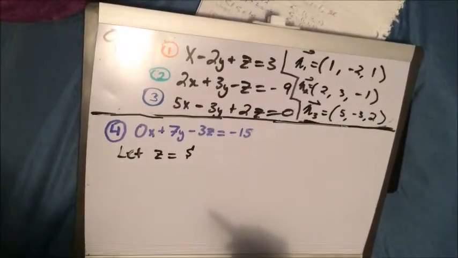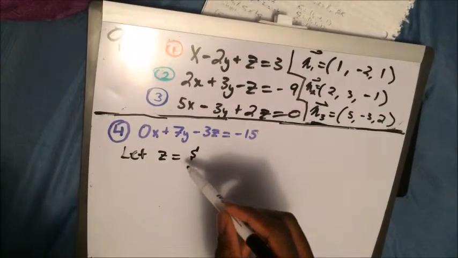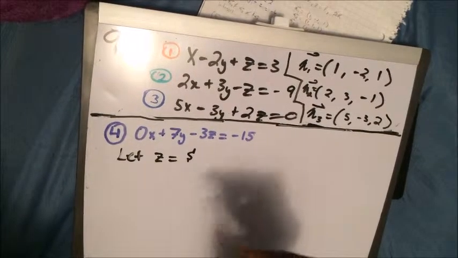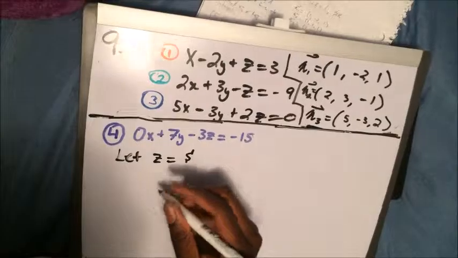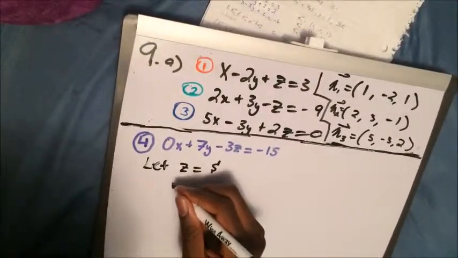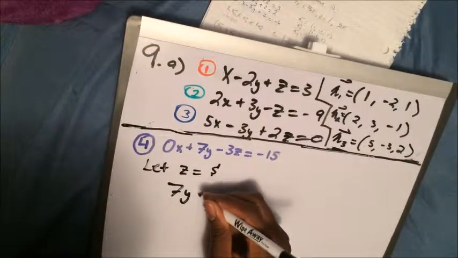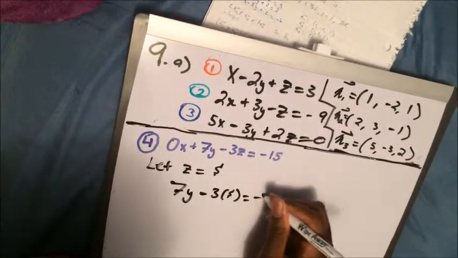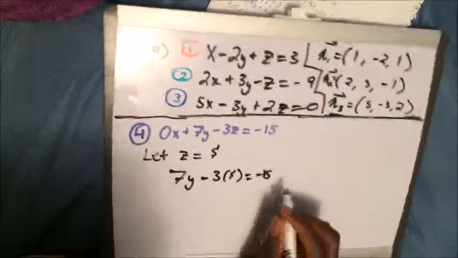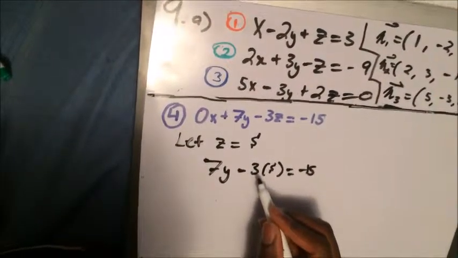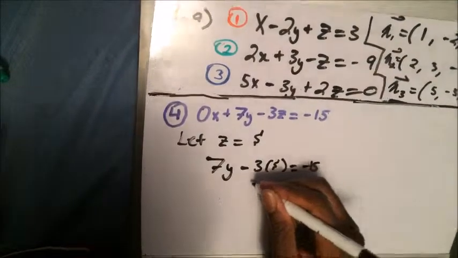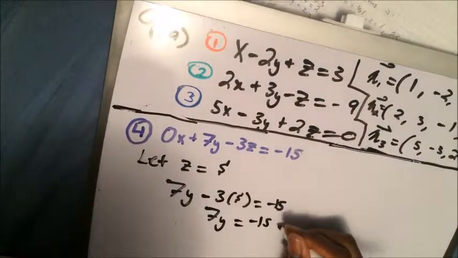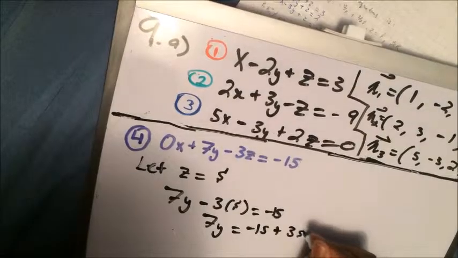And now I'm going to substitute s into the fourth equation to solve for y in terms of s. So I have 0x, I'm just going to ignore that and write 7y take away 3s equals negative 15. So I'm going to move the negative 3s to the other side. 7y equals negative 15 plus 3s.